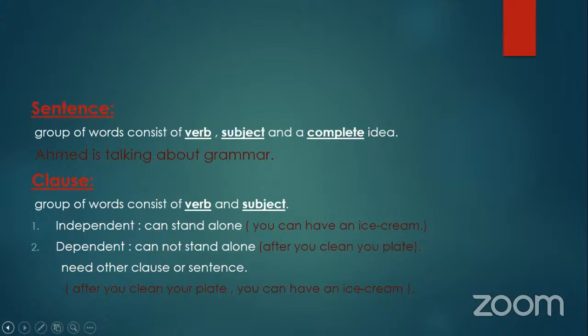We need another clause to understand what the writer wants to say. If we see the last example, after you clean your plate, you can have an ice cream, we see that the first part is dependent and the second part is independent, and when we connect them, we have the full idea. This is the idea of the independent and dependent.